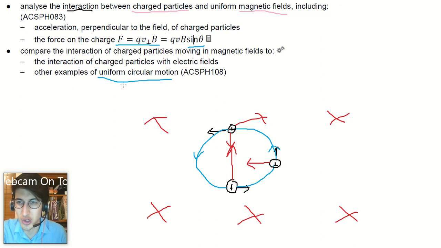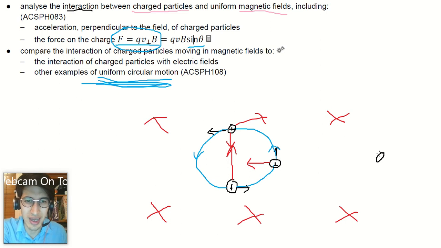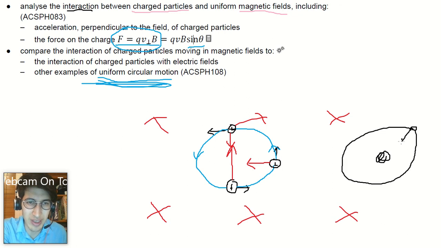This is uniform circular motion. What is the centripetal force keeping it moving in a circle? That is the force we calculated before, the force due to the interaction between charges and magnetic fields. Okay, this is the same as any other example of circular motion. It can be a moon moving around a planet, with the force of gravity pulling it in.